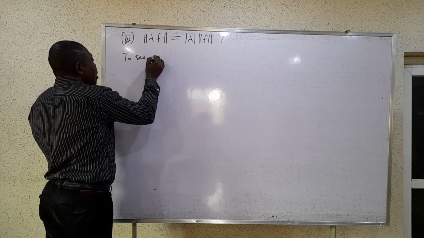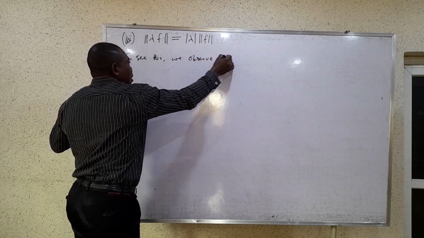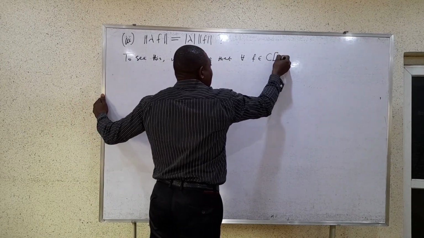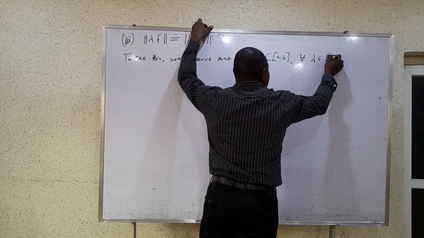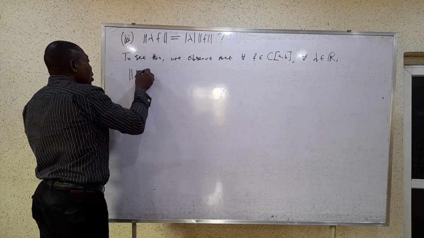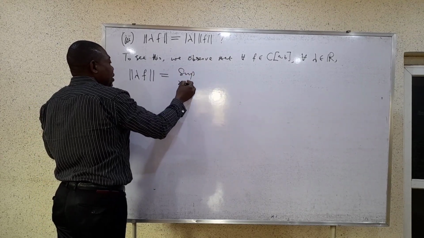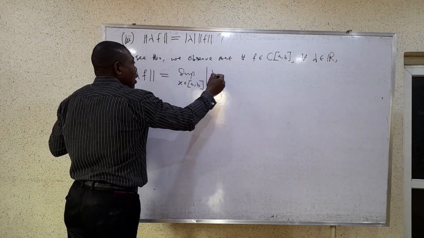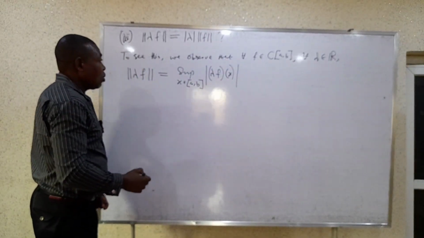To see this, we observe that for any f in C[a,b] and for any lambda in R, by definition, the norm of lambda f is defined as the supremum over x in [a,b] of absolute value of lambda f acting on x. That's what it will mean.